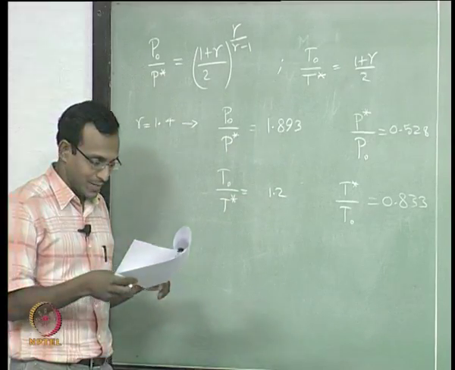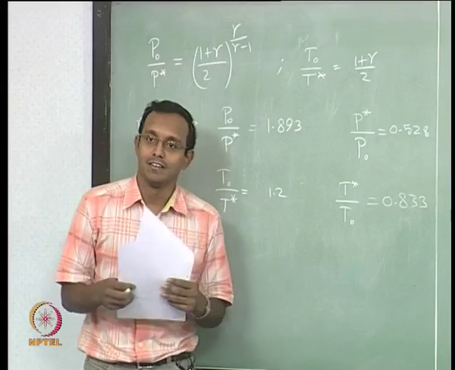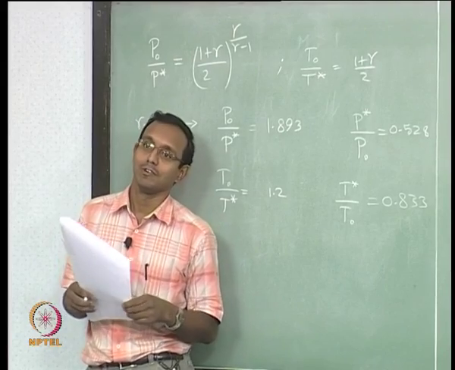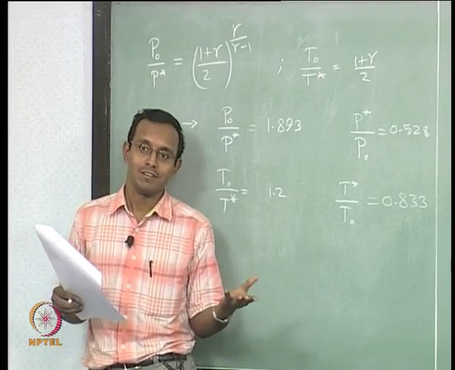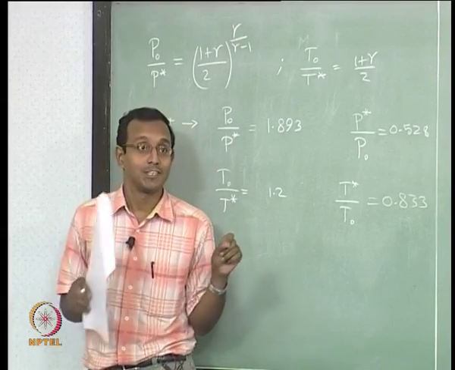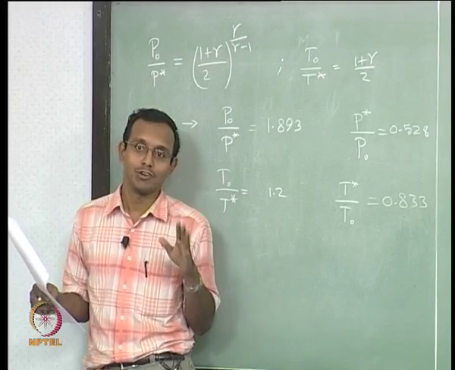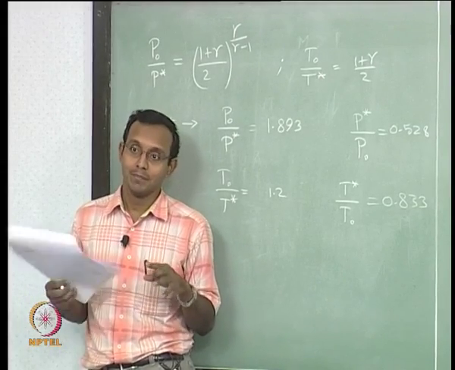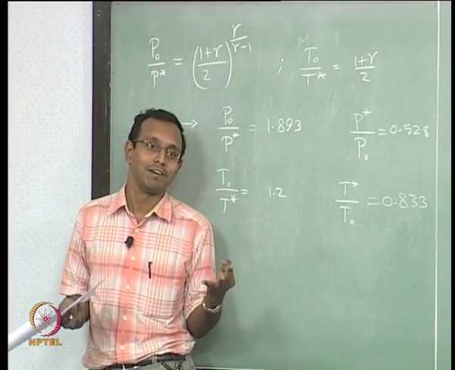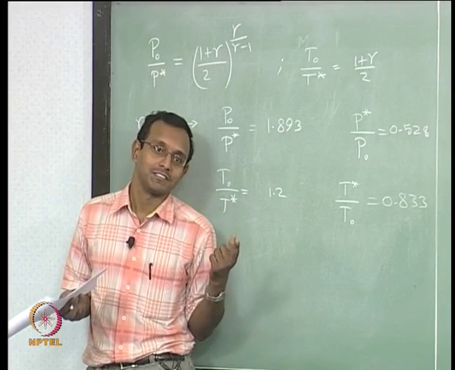Now, that is the next thing. Basically all these tables are available, and if you want to do calculations fast, all you have to do is just go pick up a compressible flows table, look up isentropic flow properties. There are so many properties in that tables book. We are going to look for isentropic flow properties. Typically each book will give you several gamma values, at least 3 gamma values, gamma equal to 1.3, 1.4 and 1.66.